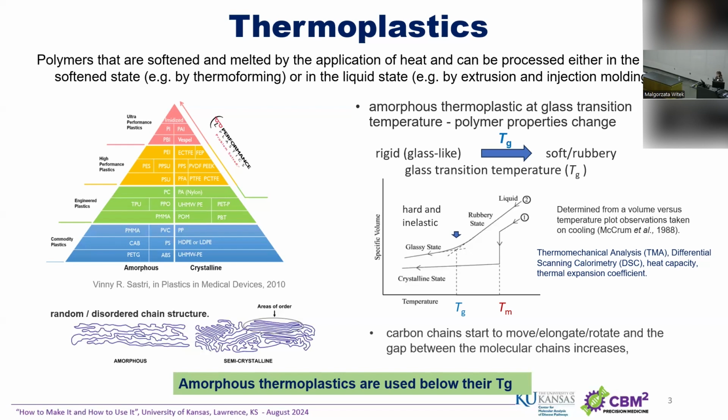The bottom line, relevant for what I'm going to say today, is that the thermoplastics that belong to this amorphous polymer category, listed here in this pyramid, you use below their glass transition temperature. They have to be in a rigid form.